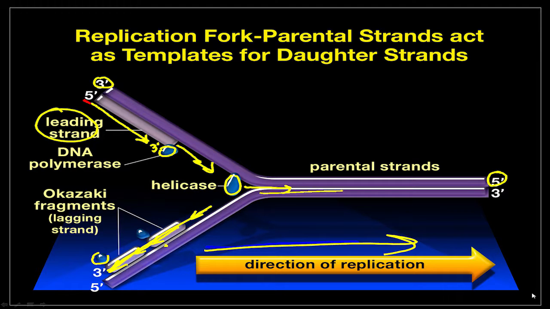And as this goes this way, you have the leading strand just motoring on along, the lagging strand being built piece by piece by piece and then glued together. It's extremely important to picture that. And again, I don't want to push it too hard, but I think you should watch the animation because it's really amazing to see it actually happening.